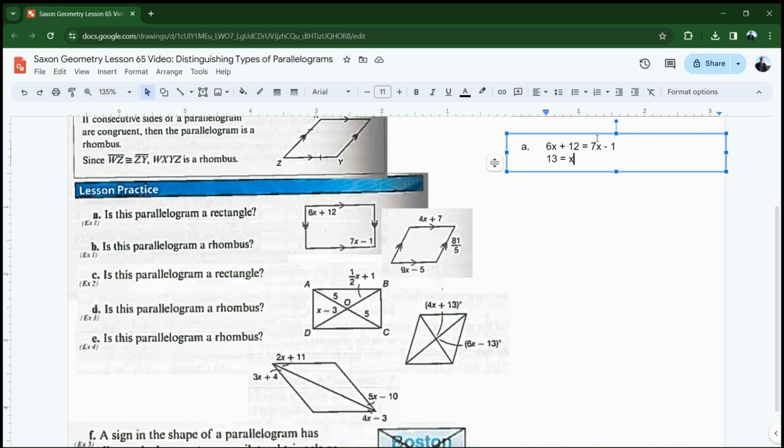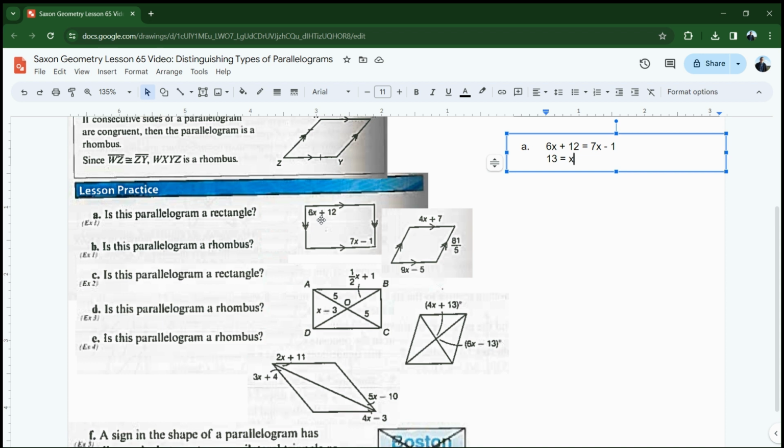All right, so let's see. 7 times 13 is 91. Minus 1 is 90. I could also do it this way: 6 times 13. 6 times 13 is what? 68? 68 plus 12. Or is that right? Let me just think about that for a second. 6 times 13. 6 times 10 is 60. 6 times 3 is 18. 60 plus 18 is 78.